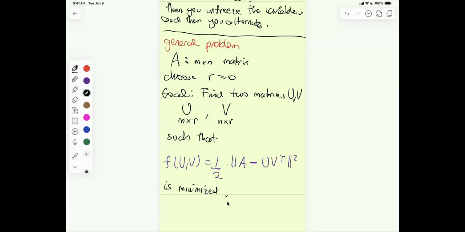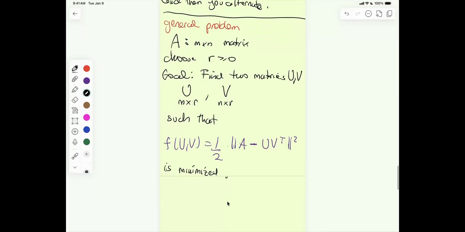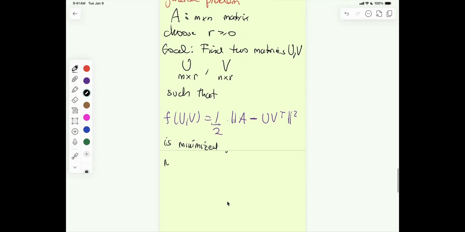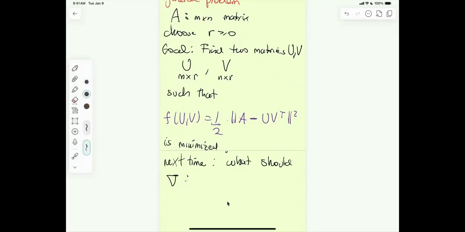So next time I'll tell you what the definition of the gradient with respect to the matrix U should be, not with respect to the entries, but the global object. Kind of like the gradient with respect to the matrix.